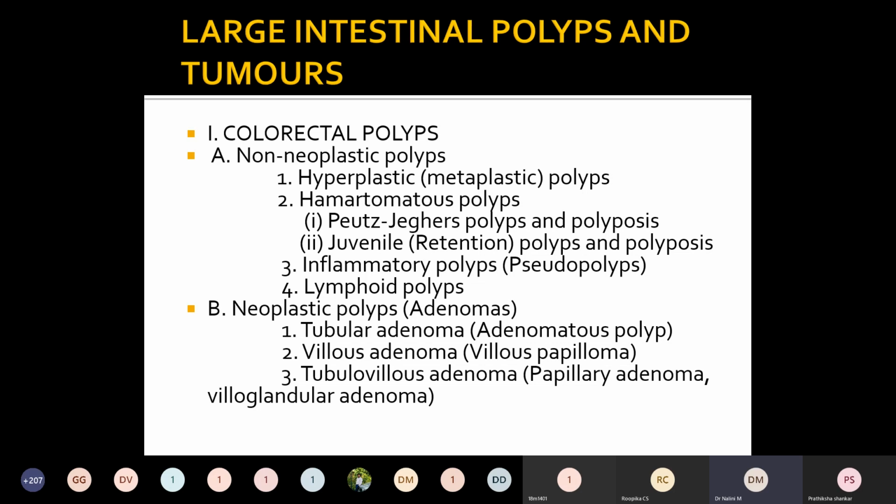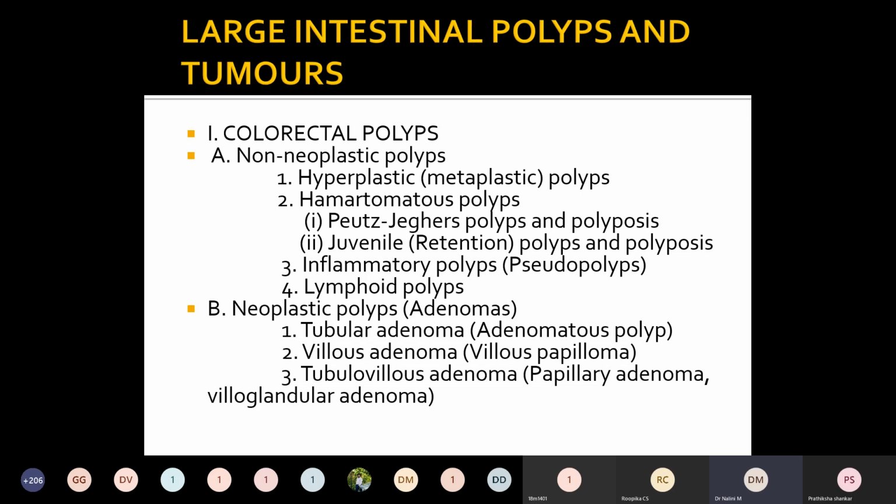Okay. So first of all, coming to the classification, you have neoplastic and non-neoplastic polyps. In neoplastic, again, you have benign and malignant. In the non-neoplastic polyps, these are something that you really have to know. These are something that you will come across more often. There are hyperplastic polyps, hamartomatous polyps.